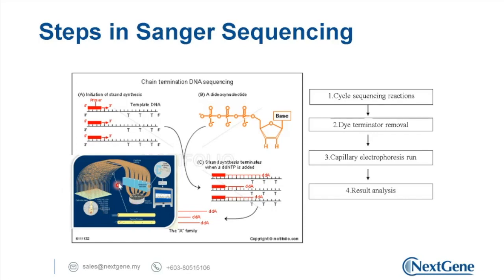The reason we use this tiny line is that we can separate the DNA fragments at better resolution. Better resolution means being able to separate up to single base difference. So if you have a 101 fragment, you can separate it from 102.